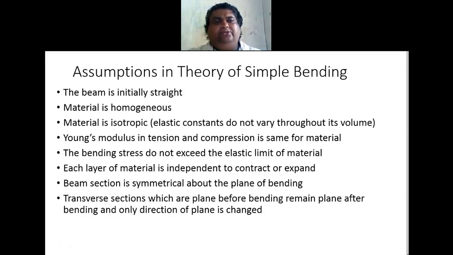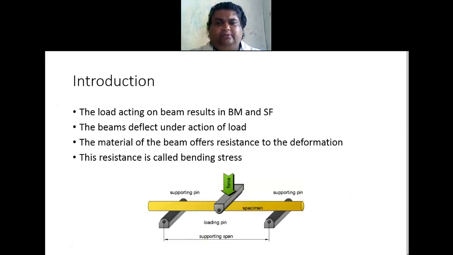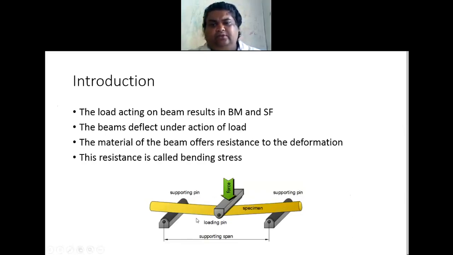The next assumption is the bending stress does not exceed the elastic limit of the material. That means, like we saw in this particular GIF here, when the load is applied, the beam deflects and bends, and when the load is released, it again springs back to its original shape.